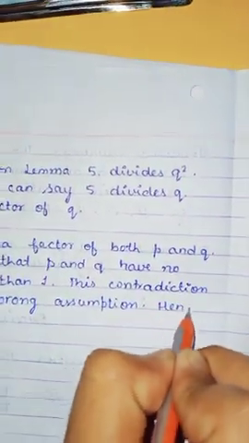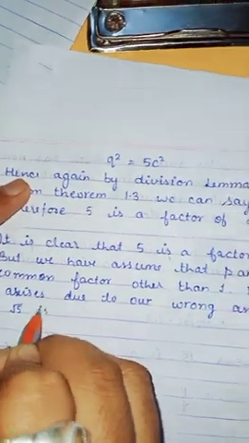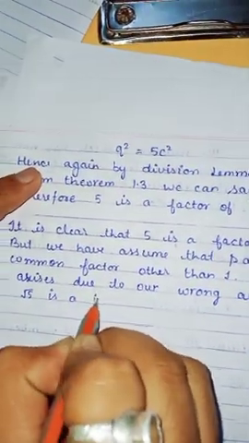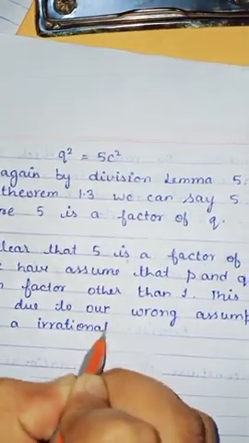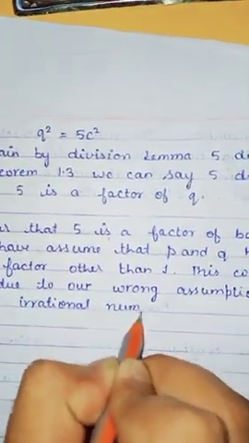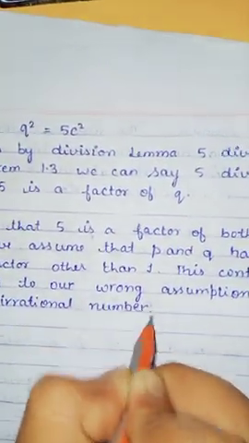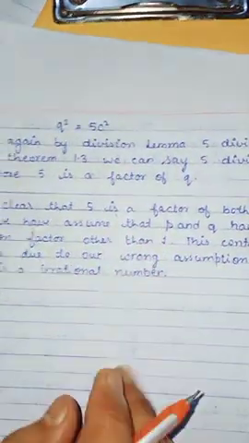Hence root 5 is an irrational number. So this was the end of our first question.